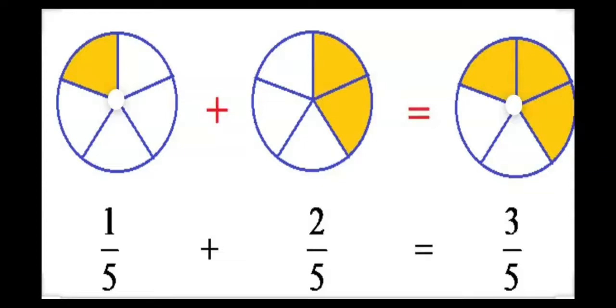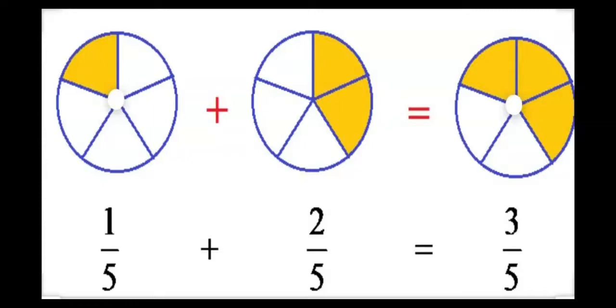The first fraction is 1 upon 5. So the numerator 1 depicts how many parts out of total parts. Here one part is shaded and the denominator 5 depicts the total number of parts divided equally. So this particular unit is divided into 5 parts and one part is shaded.